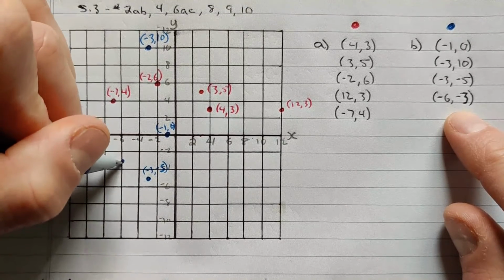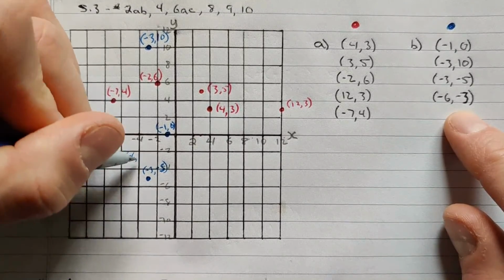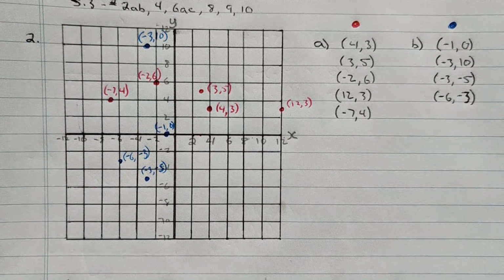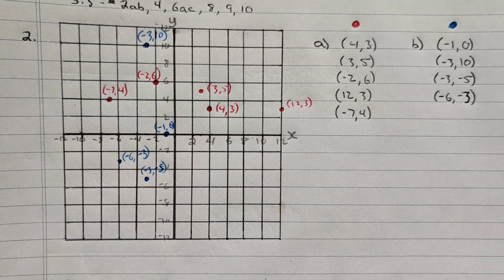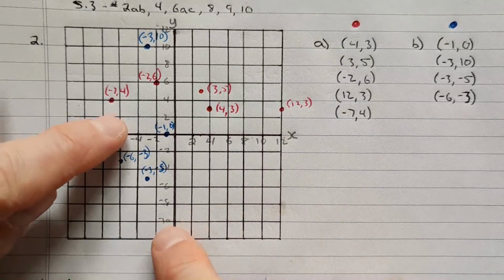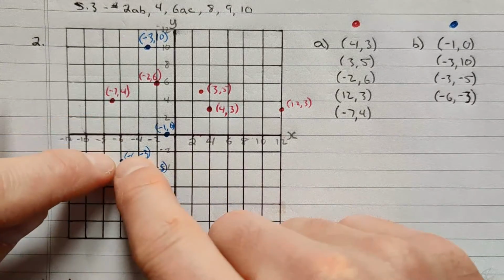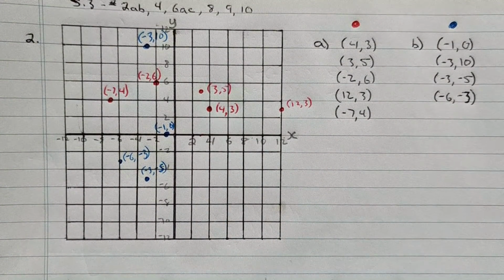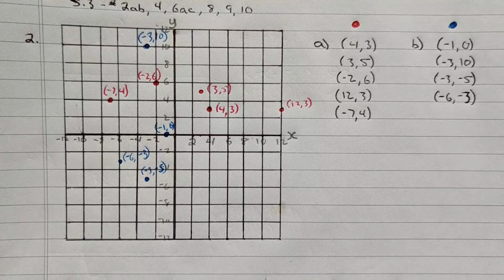And so we have a point located right here. So again, whenever you're plotting these points, you're reading the x value first going along the x-axis, and then the y value second going along the y-axis, and then you're finding where those two values intersect like this. So that's some practice with plotting points.